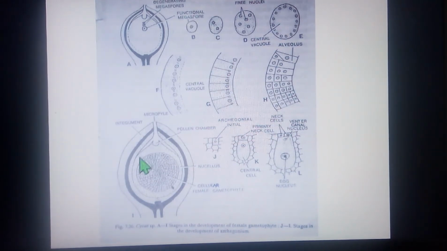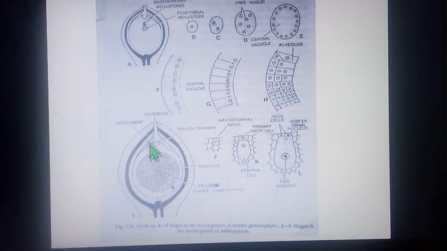The surrounding nucellar tissue, we know, forms a layer around the germinating megaspore. Okay, it forms a layer around this megaspore, and this layer is referred to as the endosperm jacket.